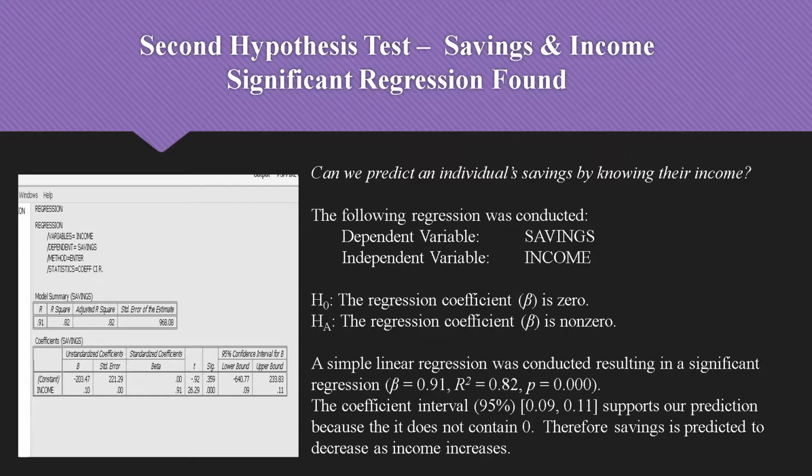That means that our sample data lies somewhere between 0.09 and 0.11. Now, this supports our prediction because the interval does not contain a 0. Therefore, the savings is predicted to decrease as income increases, and we reject the null hypothesis.